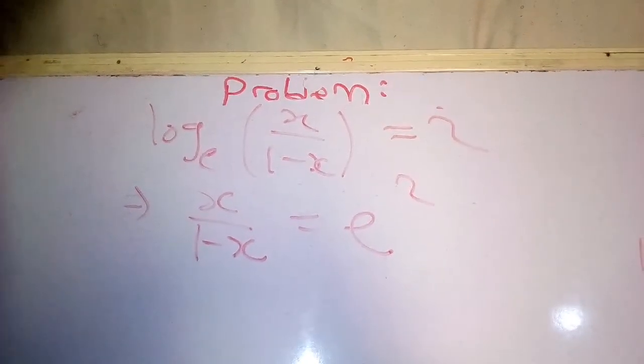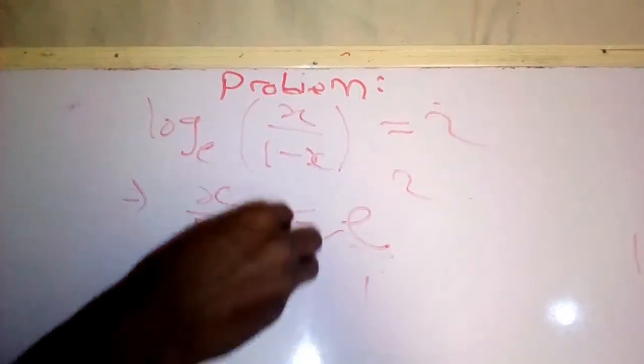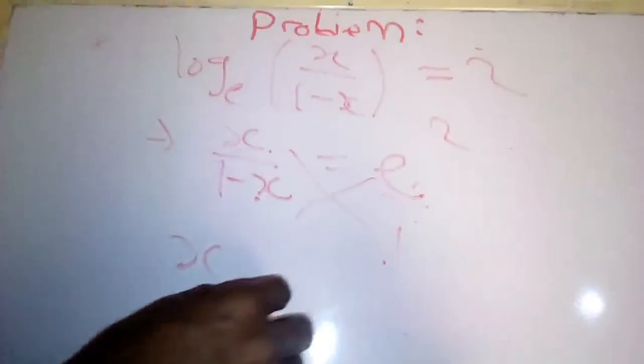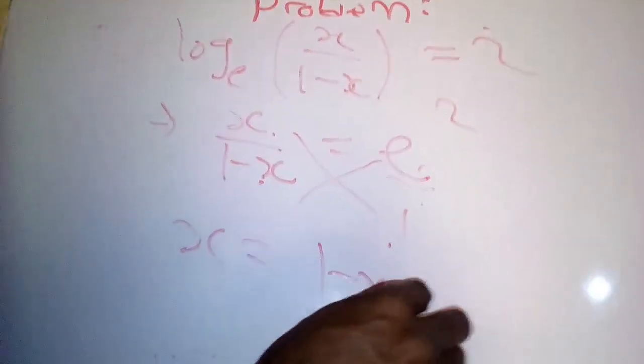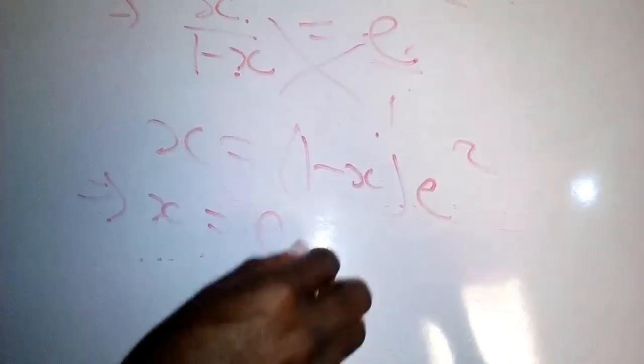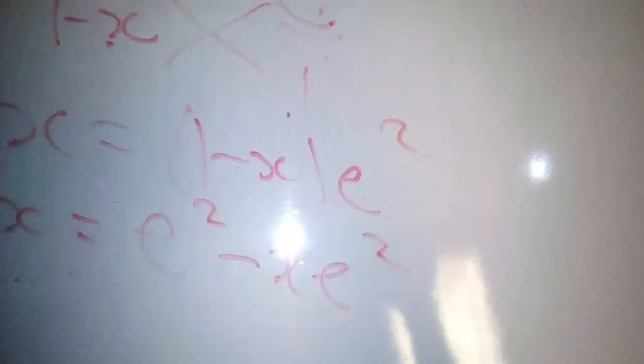Since it is x that I want to find, I'll now cross multiply. This is like over 1 here, and x will multiply this. We are going to have x equals 1 minus x times e squared. Opening this, x is equal to e squared minus x e squared.